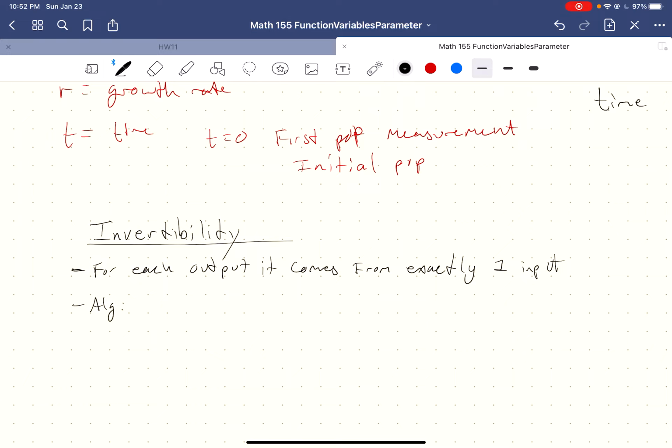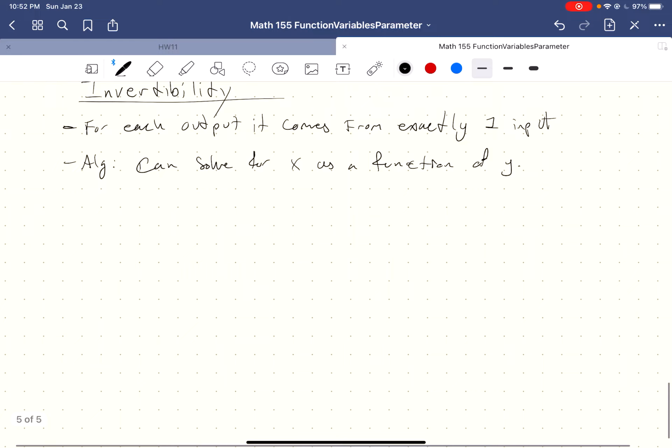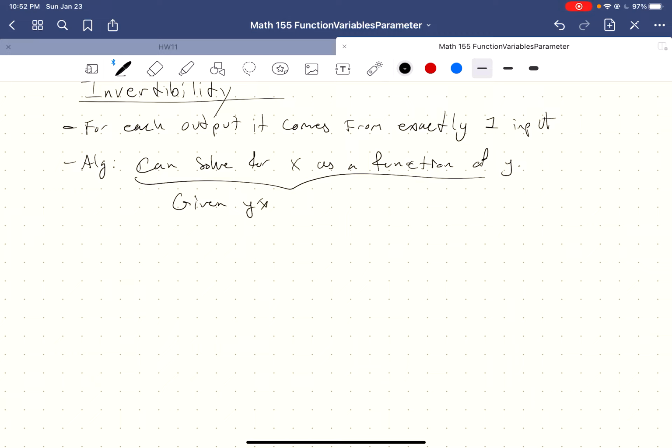Algebraically, what this means is you can solve for x as a function of y. So the way I'm going to write this down in shorthand is you're given y as a function of x, and then what you can do is figure out x as a function of y.